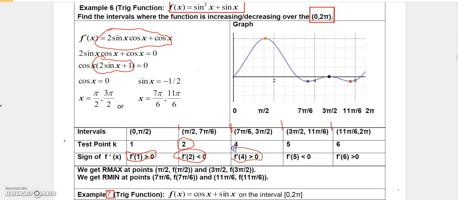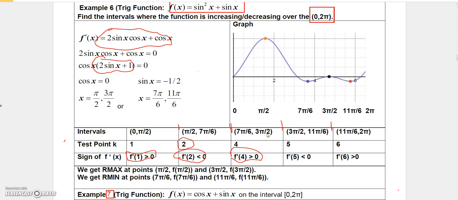So I got a negative number for the derivative to the left of 7 pi over 6 and a positive number for the derivative to the right of 7 pi over 6. That means that at 7 pi over 6 I get a relative minimum, and whatever f of 7 pi over 6 is.